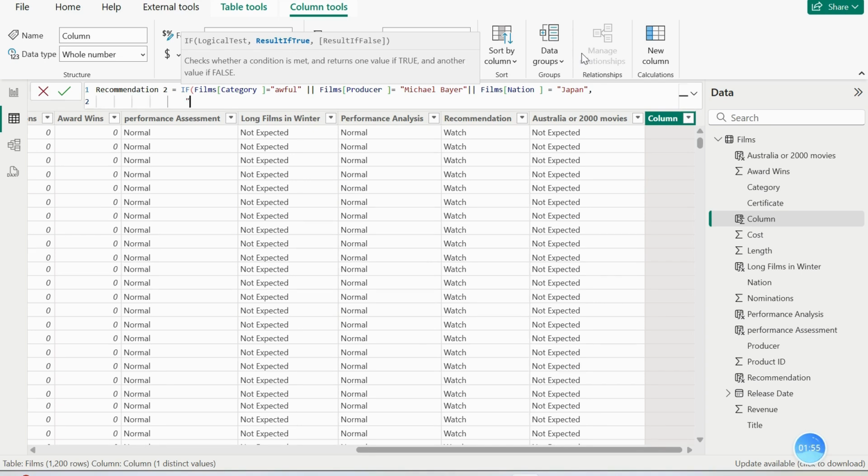We call it avoid. Otherwise, we will watch the movie.